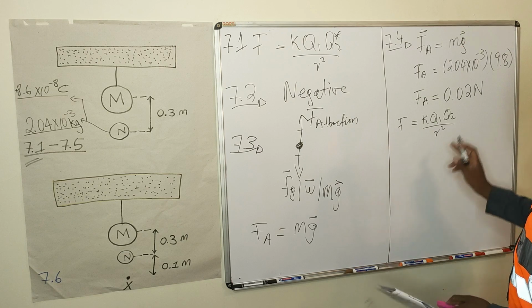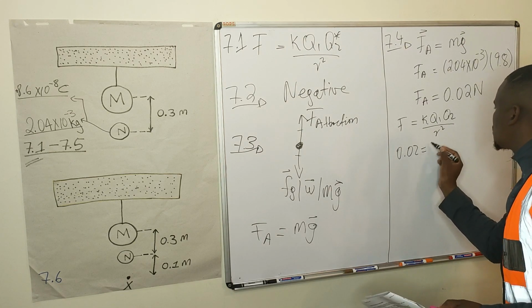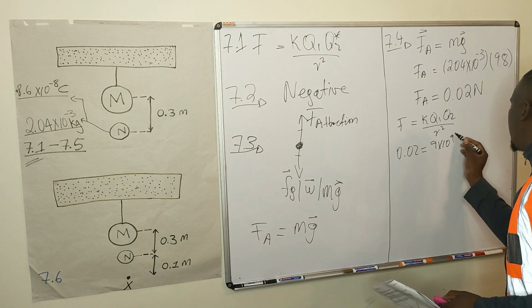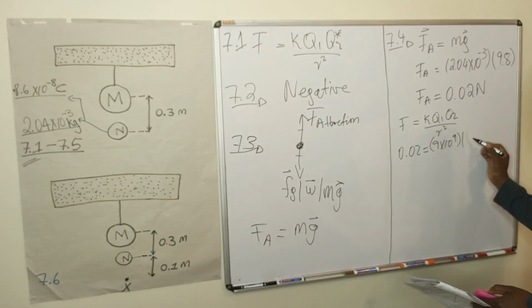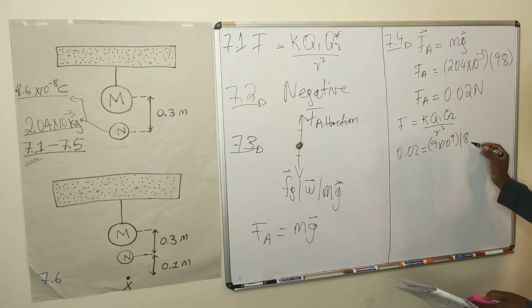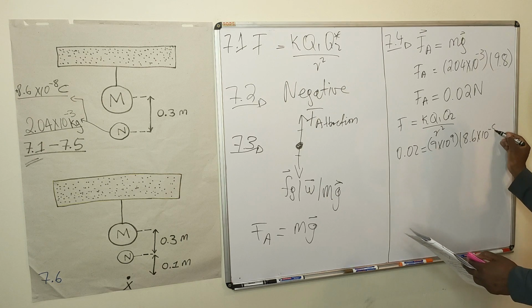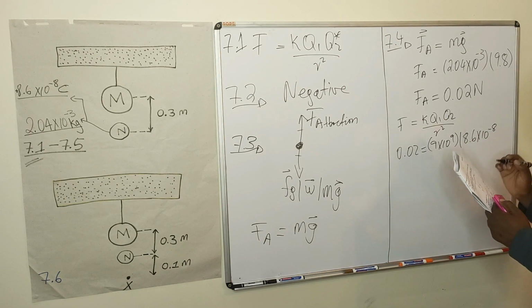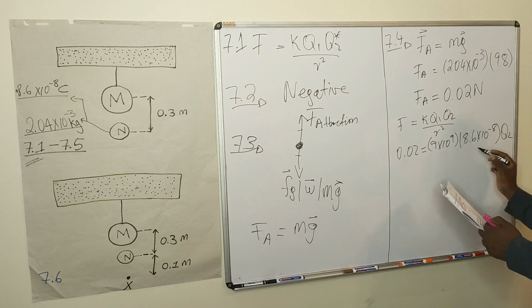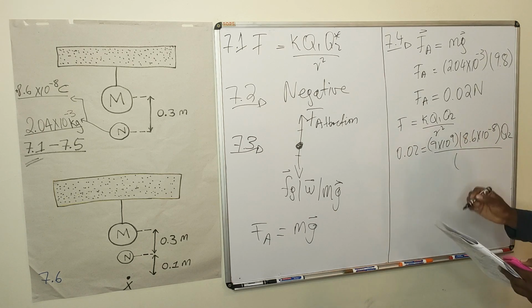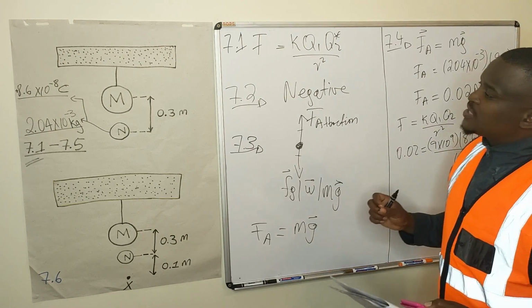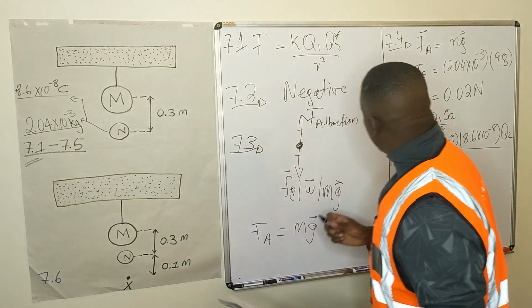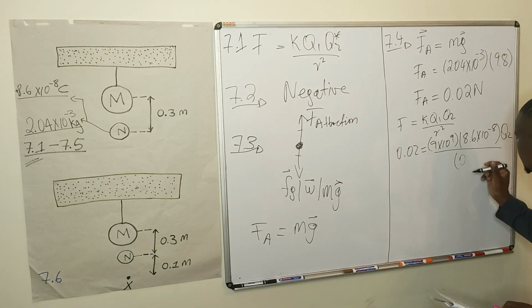You have F, your electrostatic force, to be 0.02, equal to k, 9 times 10 to the 9, times Q1. Our Q1 is 8.6 times 10 to the minus 8. Then Q2 all over r squared, which is the square of the distance between the two spheres. The distance between the centers is 0.3, so 0.3 all squared.